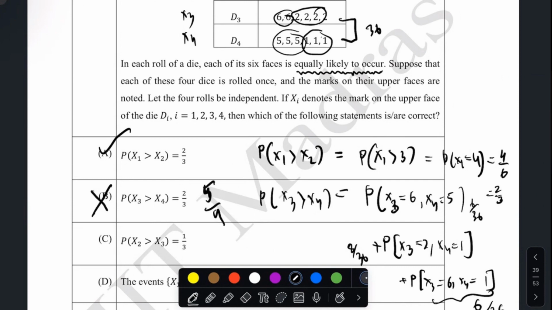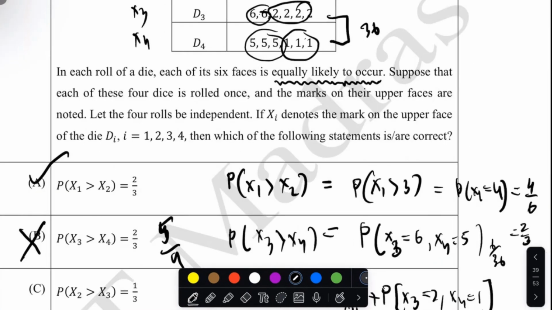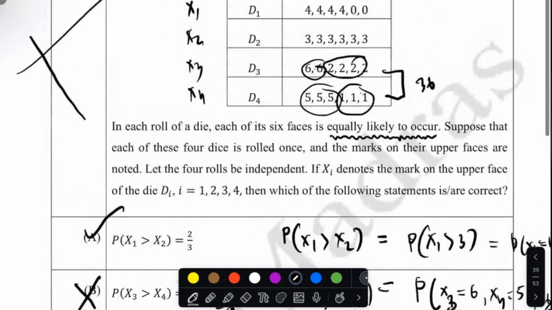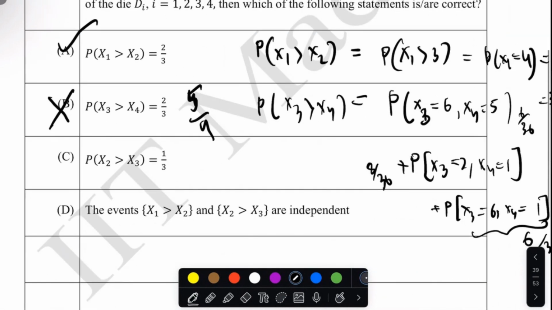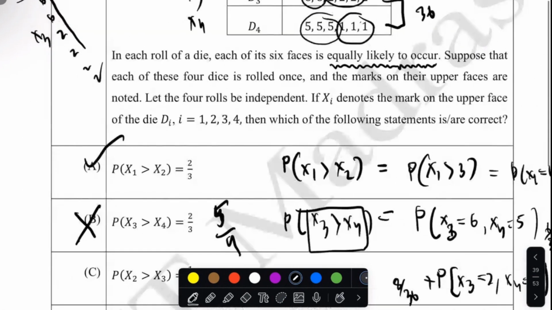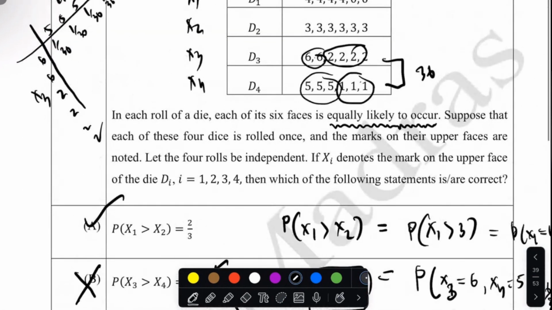Did you understand, Pranav and Naman? Sir, can you explain this part one more time? Sure. If you see X3 and X4, the possibilities for X3 are 6, 6, 2, 2, 2, 2, and for X4 they are 5, 5, 5, 1, 1, 1. Each pair is equally likely, so each one has 1 by 36 probability. We are just finding how many of them satisfy the condition X3 is greater than X4, and then adding it up.